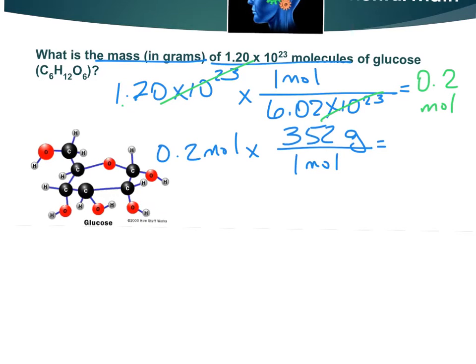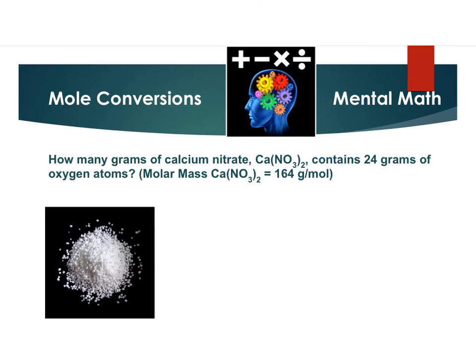So 2 times 352 is the same as if I was moving this over and I would put another decimal here in between the 5 and the 2. And so you get 70.4 grams of glucose as your final answer.